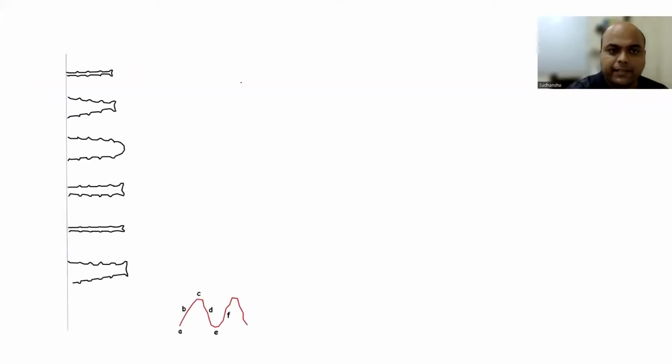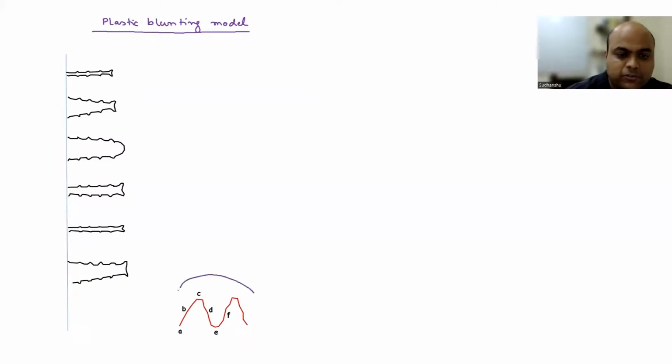So I have a schematic for the plastic blunting model. If you see, I have shown here the cycle, with points A, B, C, D, E, F, and all these points are shown in a fatigue cycle.